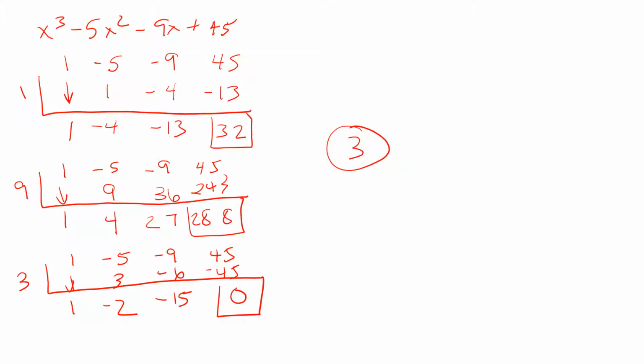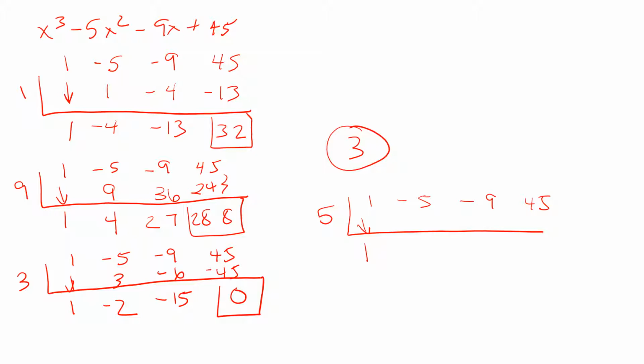Now, I could continue to test my other possible rational zeros if I wanted to. For example, I could try 5. I go back to the original problem again, and I want 1, negative 5, negative 9, 45.